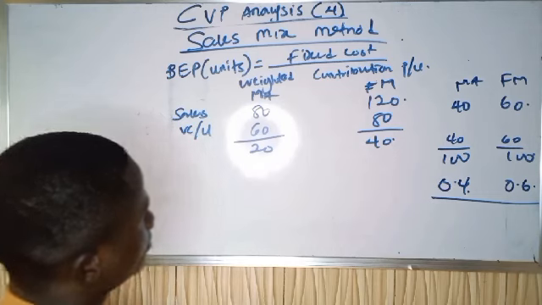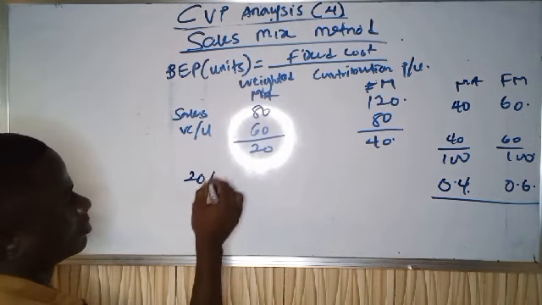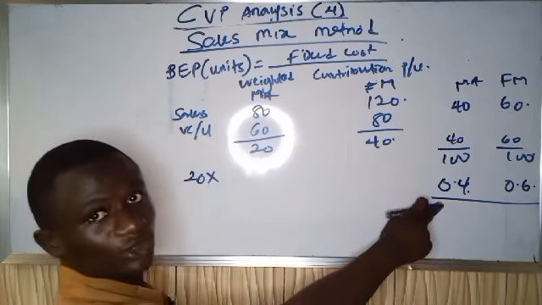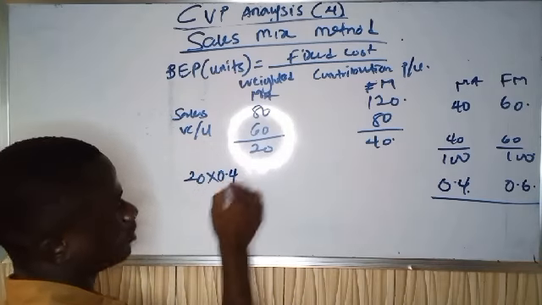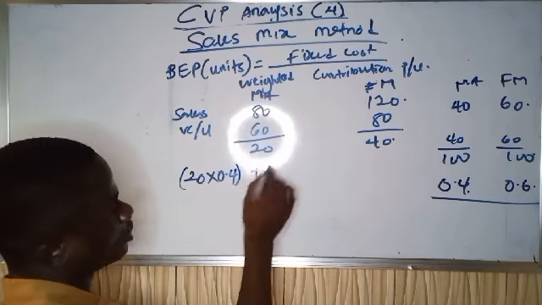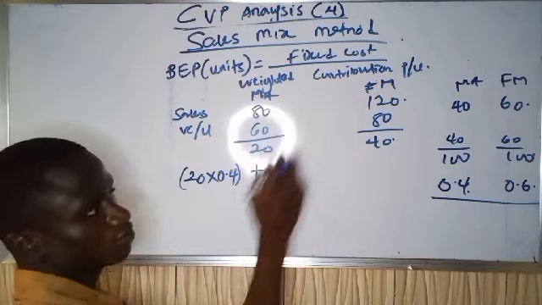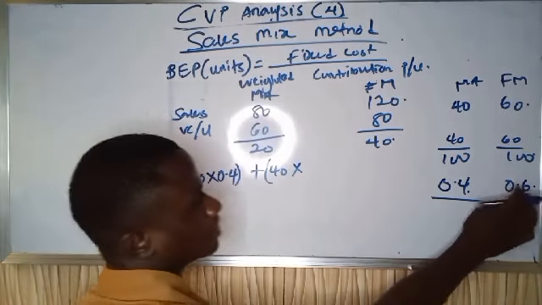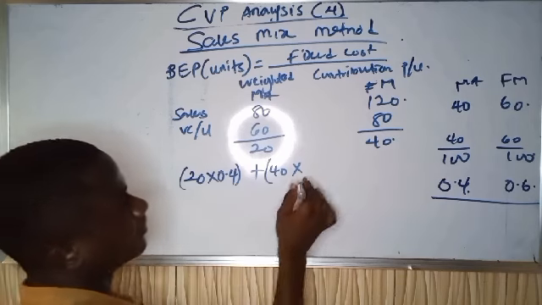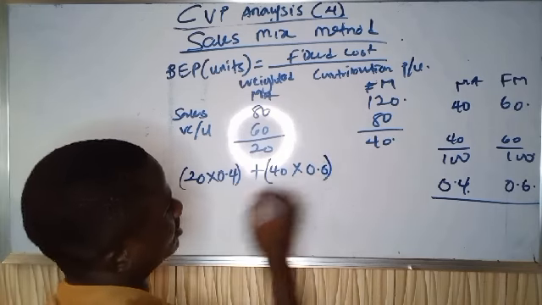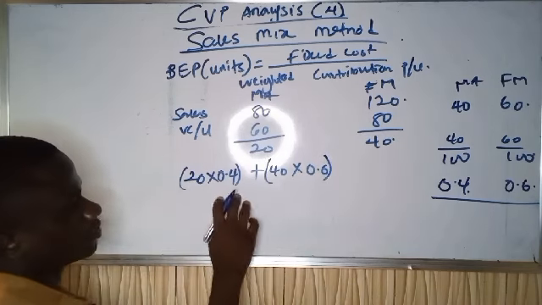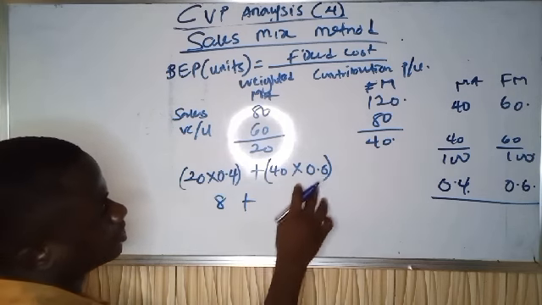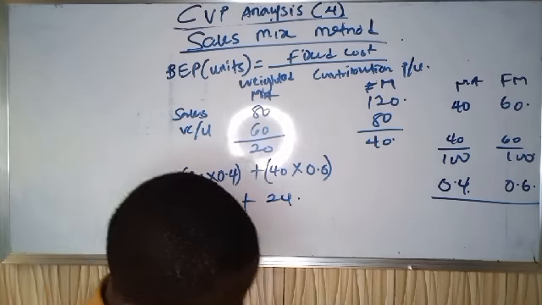So we say 20 multiplied by 20, which is contribution from MA, multiplied by the sales mix of MA, 0.4, plus, that is how we get our weighted contribution, 40 multiplied by our sales mix of FM, which is 0.6. So 20 multiplied by 0.4, I think that should be 8, and 40 multiplied by 0.6, that should be 24.